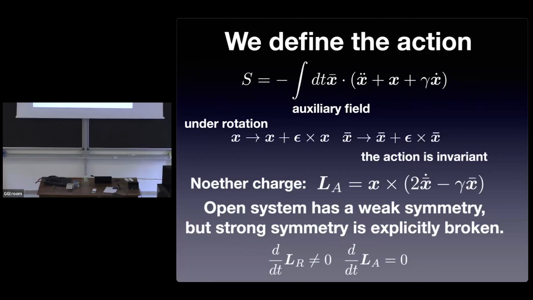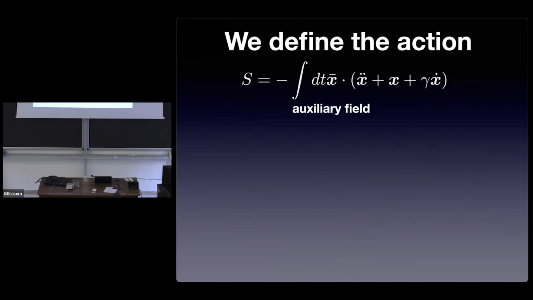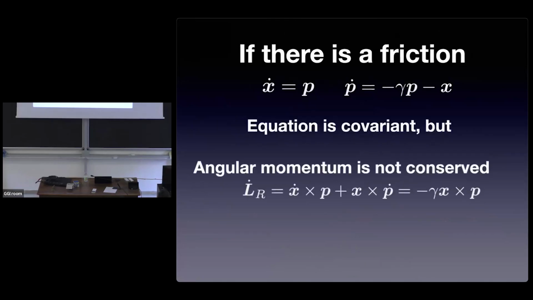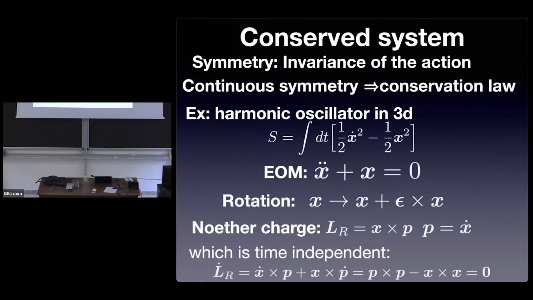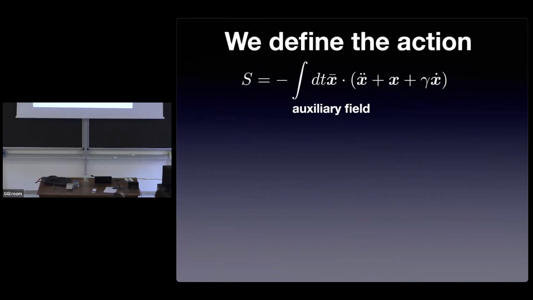In this case, the ordinary symmetry: if this term is absent, then this value is conserved, in this Lagrangian.